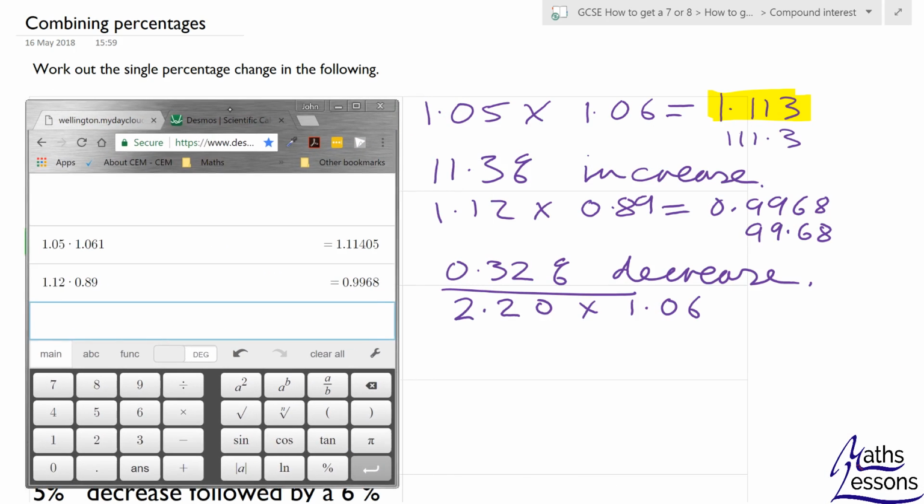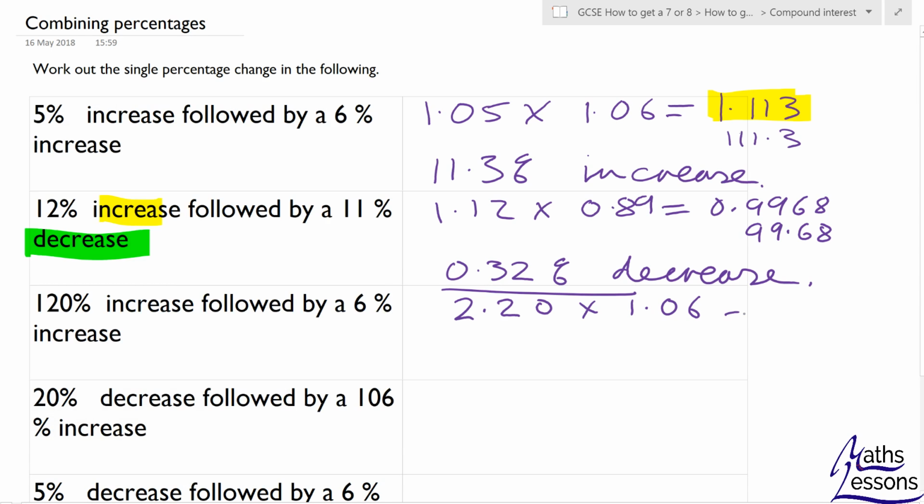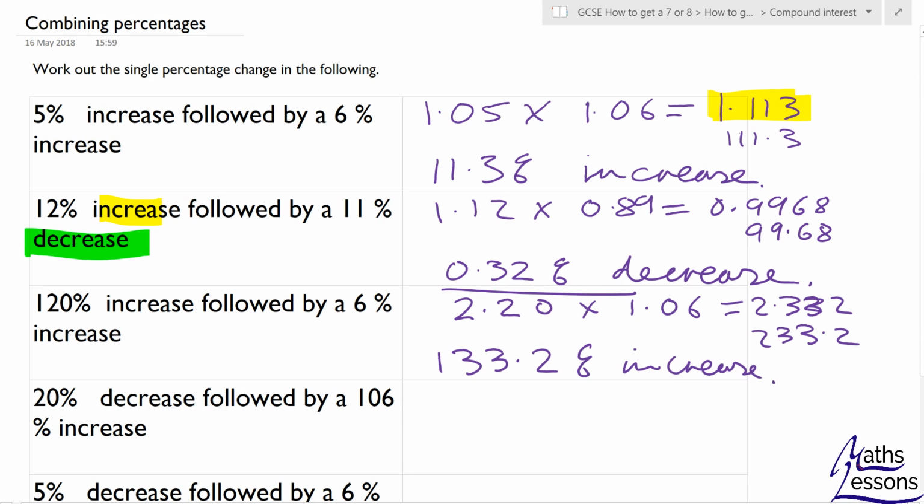So we've got 2.20 times 1.06, and that gives us 2.332. So therefore, times that by 100 is 233.2. So we have a 133.2% increase. Jane got that right. And both my students got that right.